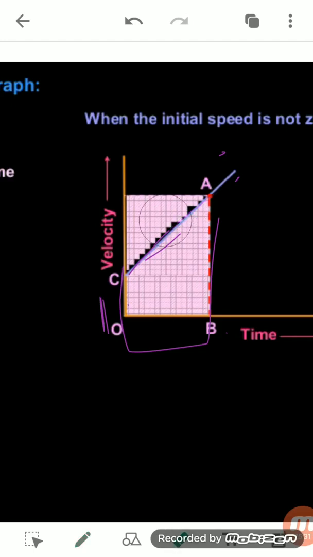So for example, if we want to find the distance traveled by the body in time OB, this will be equal to the area of the figure OCAB under the speed time graph, that is CA.